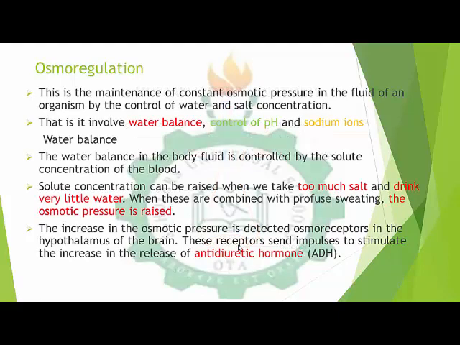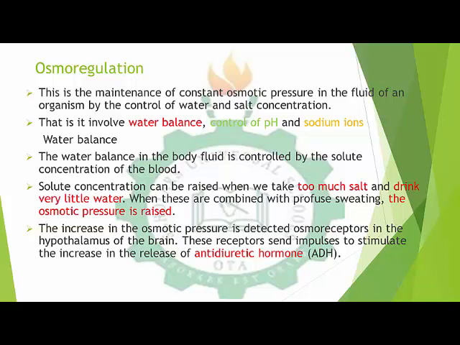So osmoregulation is another function carried out by the kidney, apart from excretion of waste, of which we have talked about urea as one of the major wastes. Now, the maintenance of constant osmotic pressure in the fluid of an organism is done by the control of water and salt concentration.